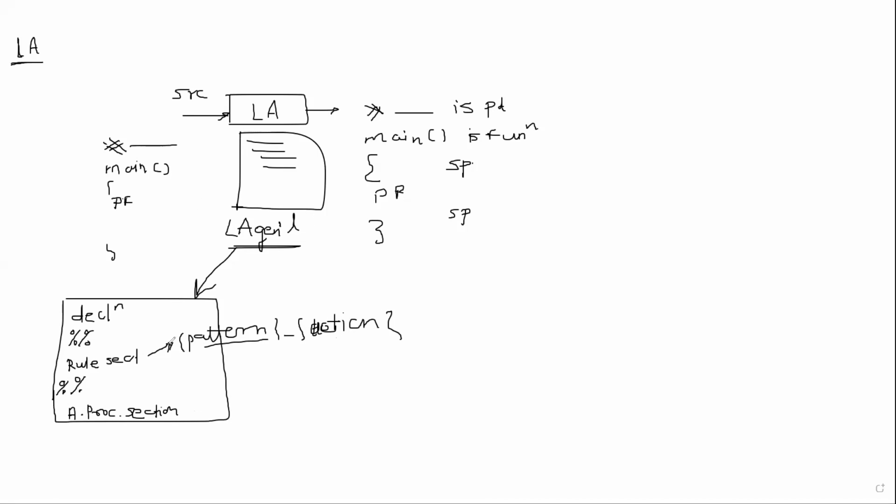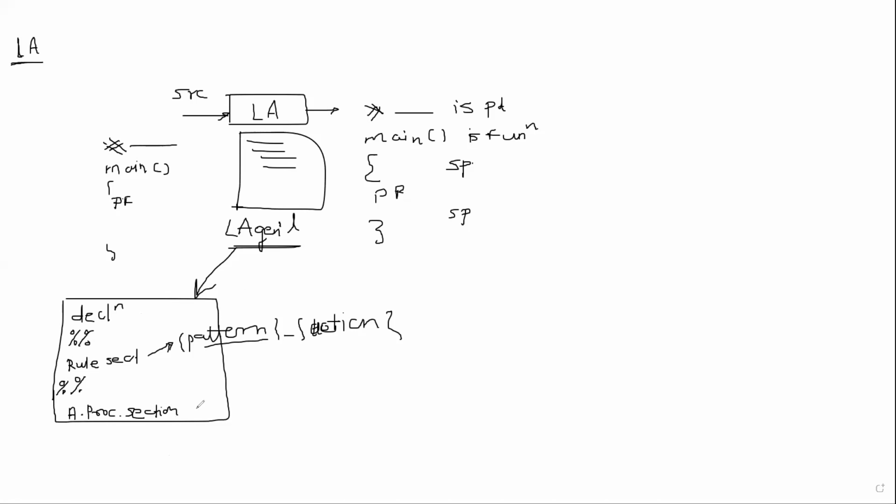Okay, so this is the structure of the lex file: declaration, then rules section. Rules section is having a particular syntax like pattern and corresponding action. And after that, you have the auxiliary procedure section, which contains your main function or any user defined functions also.